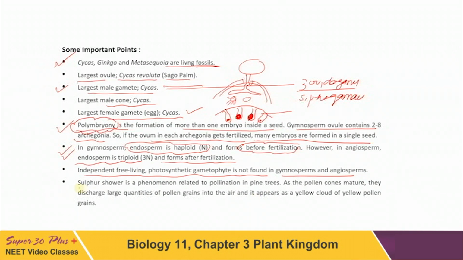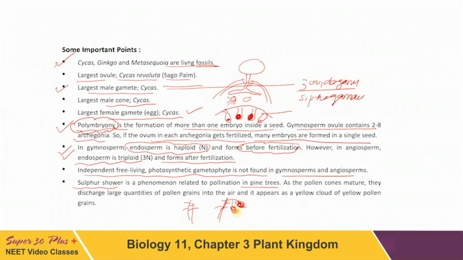One more point here is the sulfur shower. Sulfur shower means what? In pine trees, there are many pine trees in an area, and male cones are present, a bunch of male cones.